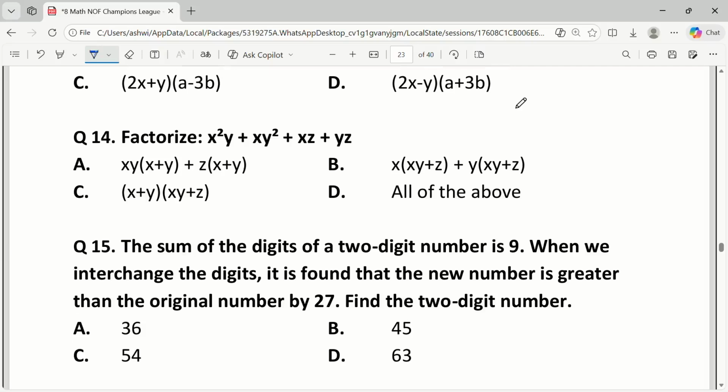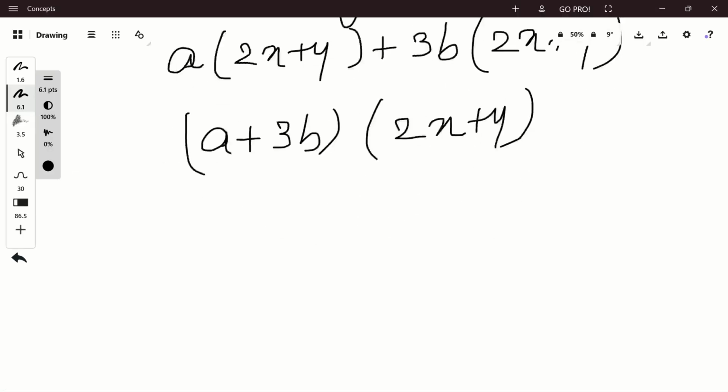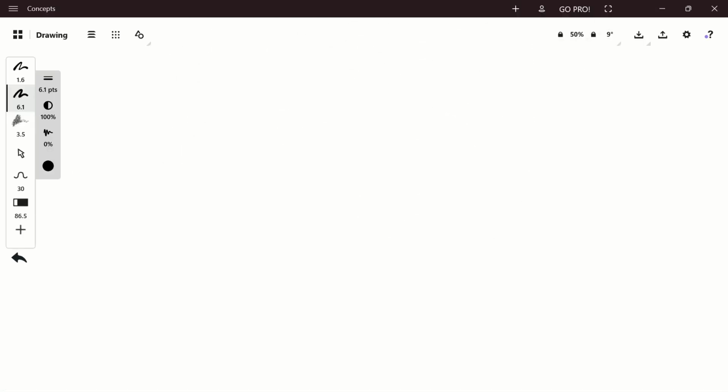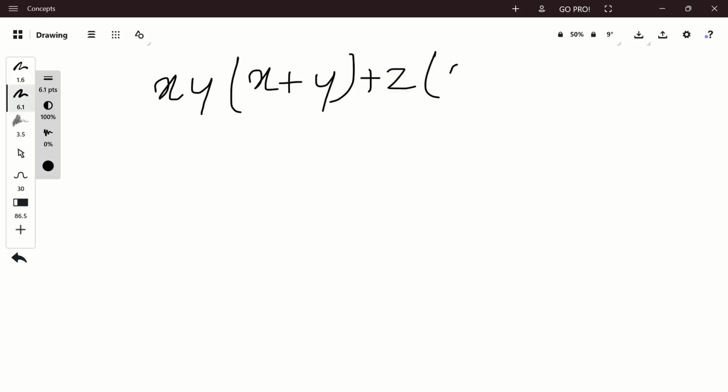Question number 14. Factorize x square y plus xy square plus xz plus yz. Factor out the common factor from each pair of terms, that is xy, x plus y plus z, x plus y.